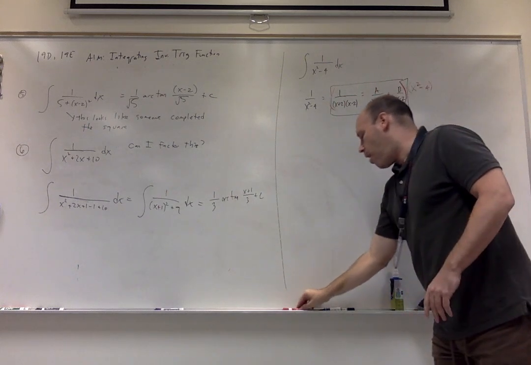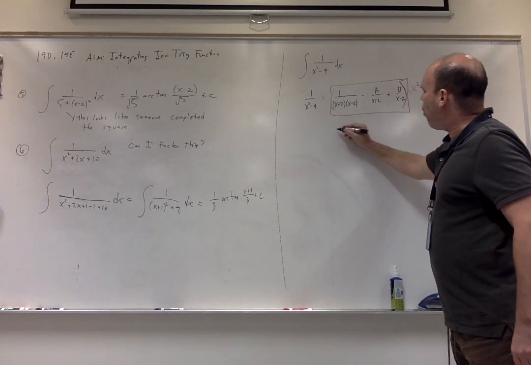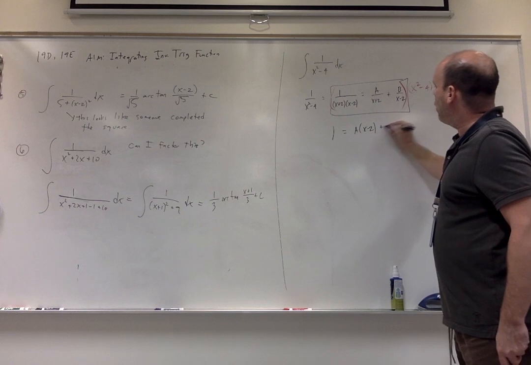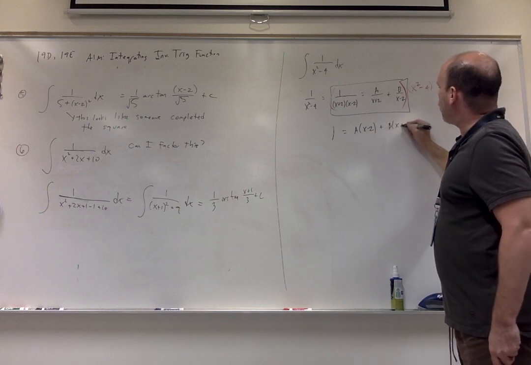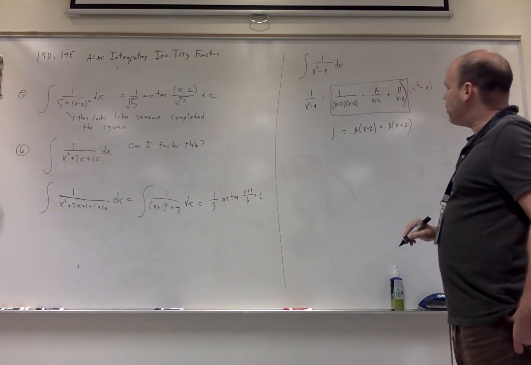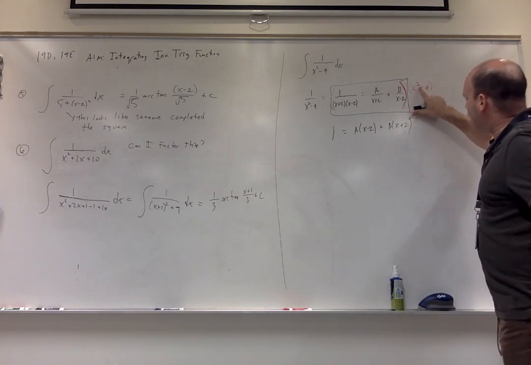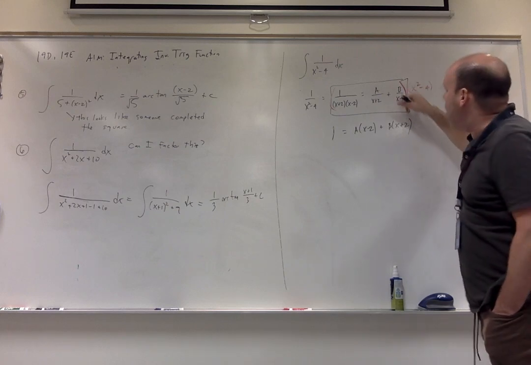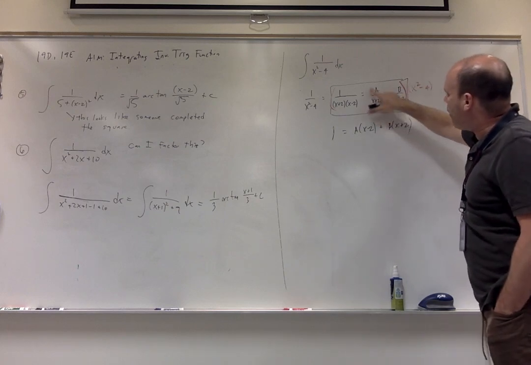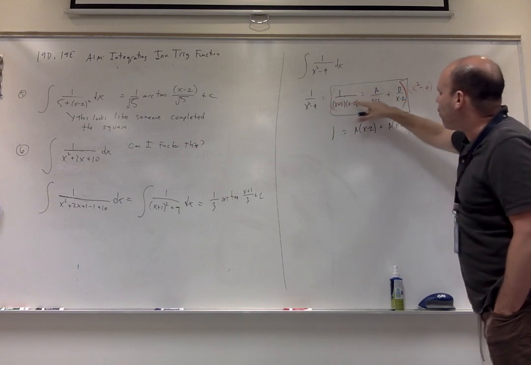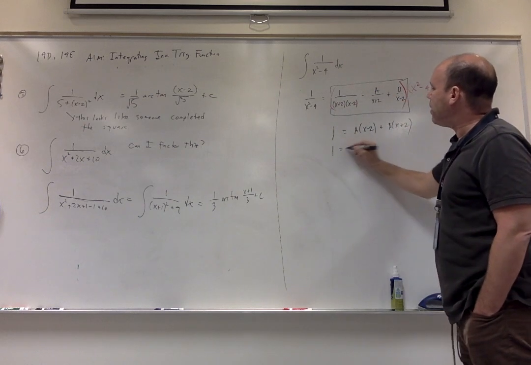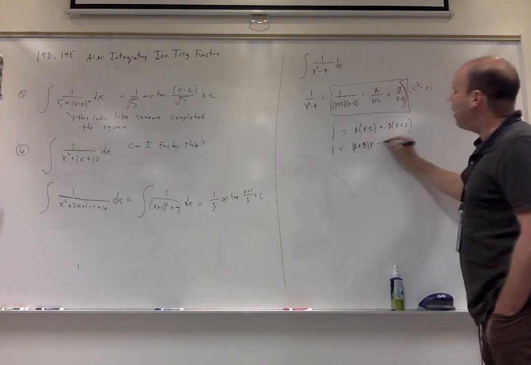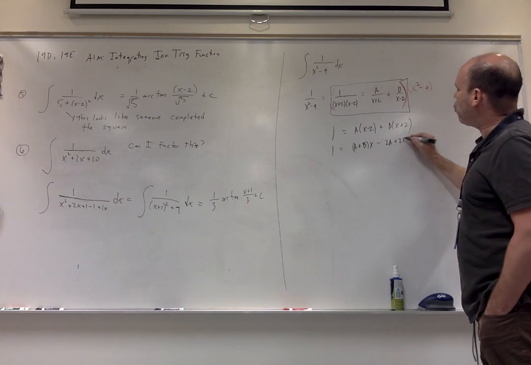Now we have 1 is equal to a times x minus 2 plus b times x plus 2. Because the x squared minus 4 cancels out the x minus 2, leaving me with an x plus 2 on the numerator, and it cancels out the x plus 2, leaving me with an x minus 2. So we have 1 is equal to a plus b times x, minus 2a plus 2b.